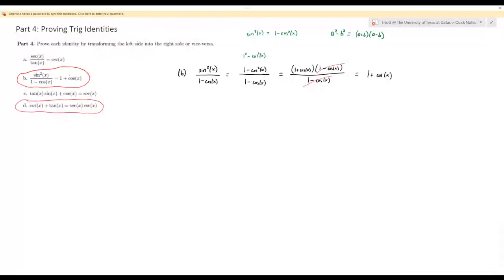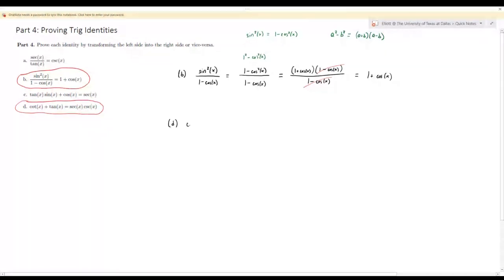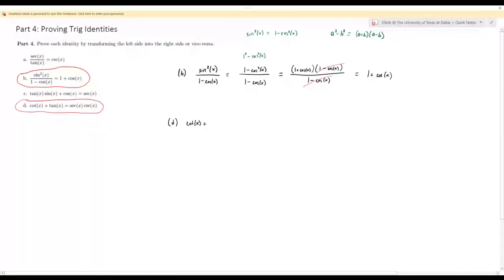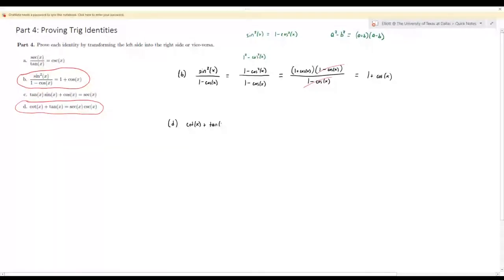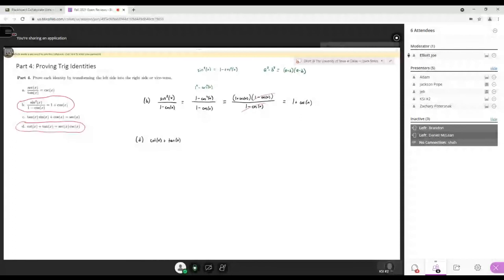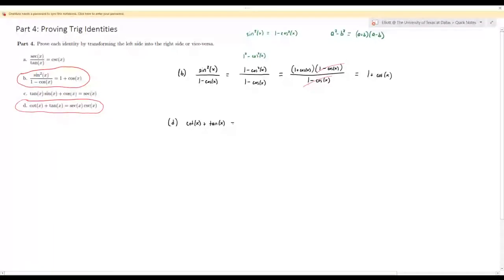Great. And then we'll just look at D and we'll end the review with that, okay? So in D, looking at this, I don't really see much else to do but to try to rewrite things in terms of cosines and sines.